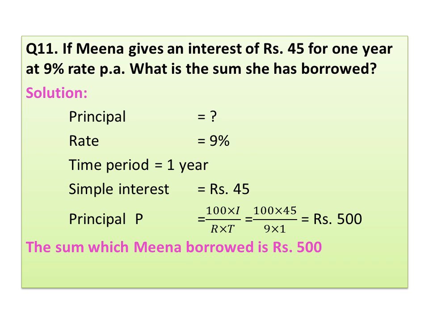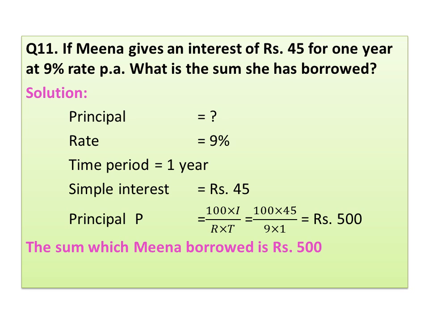That equation I have given already. Principal P is equal to 100 multiplied by interest upon R multiplied by T. So I, R, T, all these three terms are given. So by using this equation we can find out the principal P. That is equal to 100 multiplied by interest 45 upon rate of interest 9, time period 1.